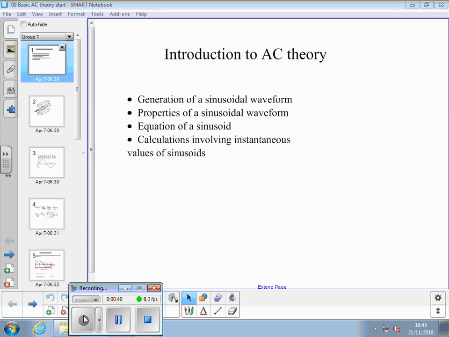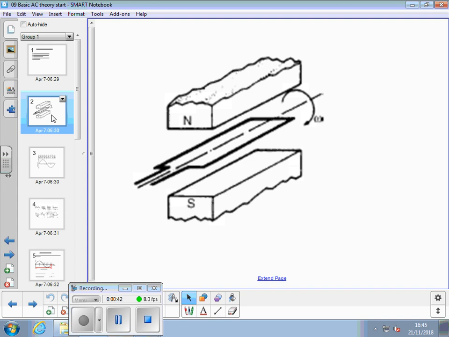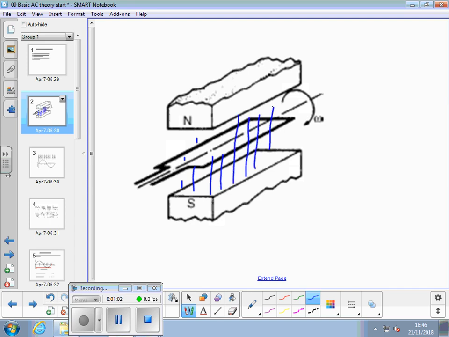So, a generator in its most basic form. If we have two permanent magnet poles, as shown there, pretty much primary school, secondary school science, you'd know that there's a magnetic field north to south between the two.